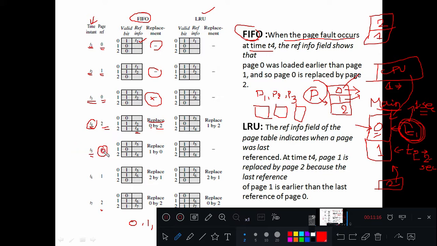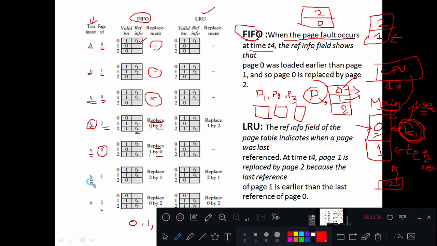Again at time t5 page 0 is referred, but page 0 is not there in the main memory, so again page fault occurs. Which page was swapped in first? That is page 1, right? So now page 1 is going to be replaced by page 0. Now main memory has page number 2 and page 0 at time t5, right?